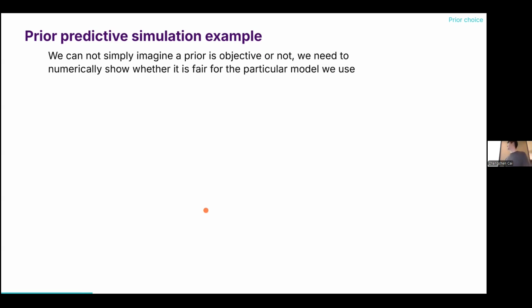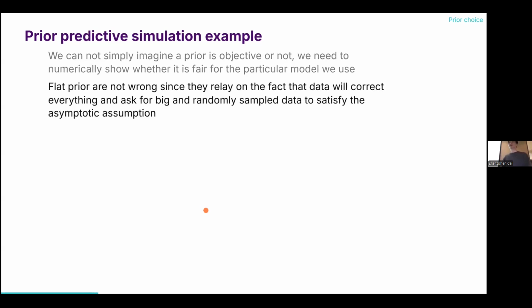So to summarize for the prior section, we cannot simply just imagine our prior is objective or not, right? We need to do some numerical simulation to show that the outcome is fair according to what we know. But don't get misled by me saying flat prior is useless.